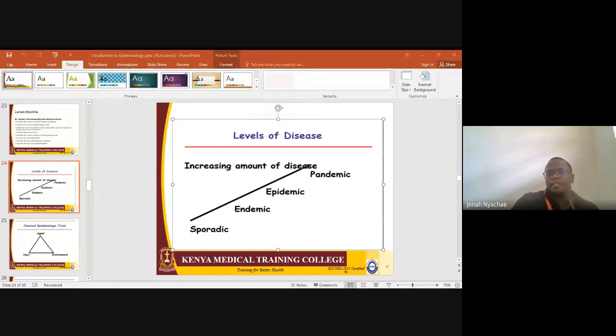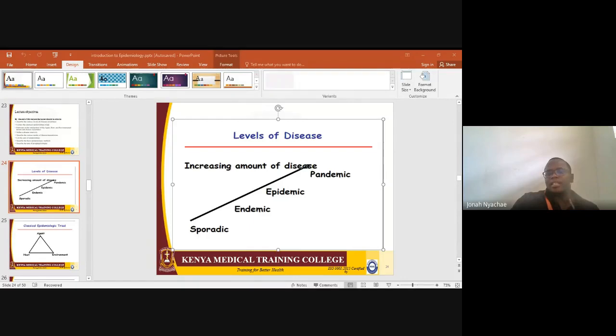I've seen Aurelia. Aurelia, when we're talking about an endemic disease, what do you think it is, or how does the disease manifest? I've seen some text somewhere. Let me see someone.